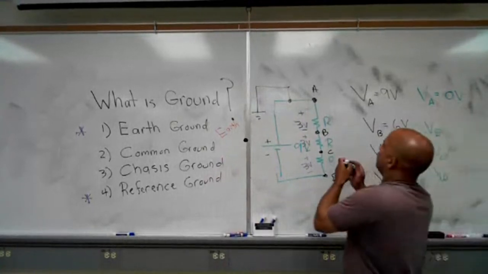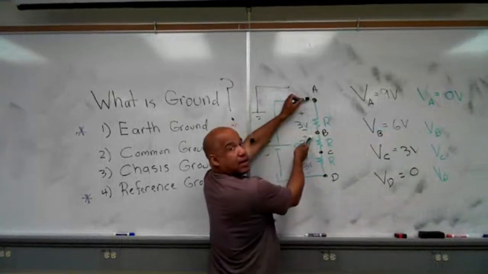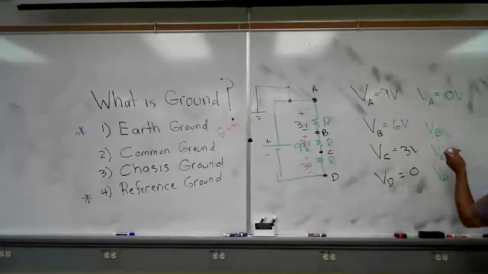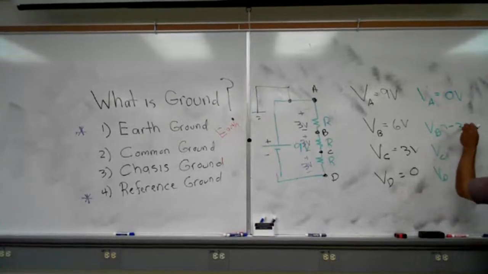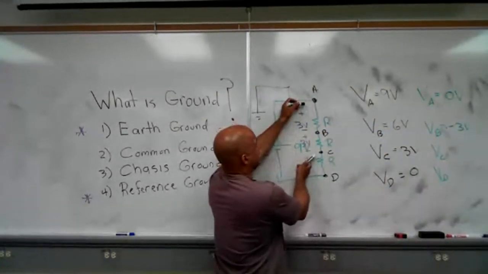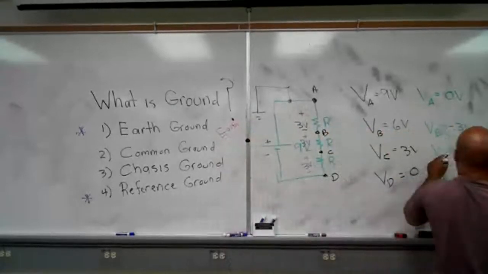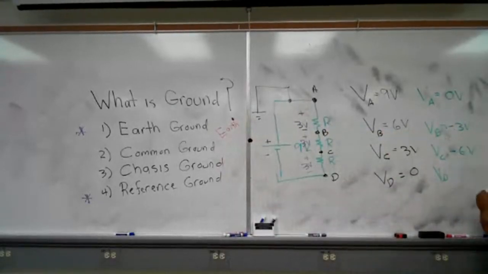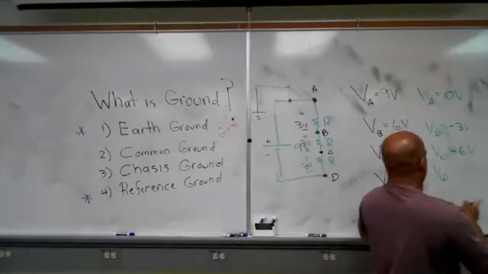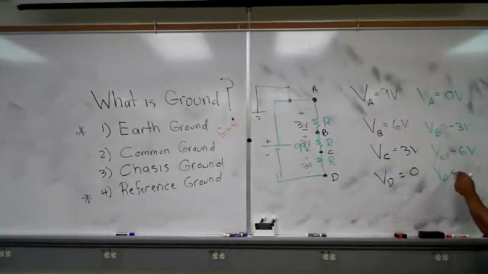And then I move down here to point B. That's when I read the negative 3. And then I move to point C. That's negative 6. And then I move to point D. That's going to be a negative 9 volts. You see it?